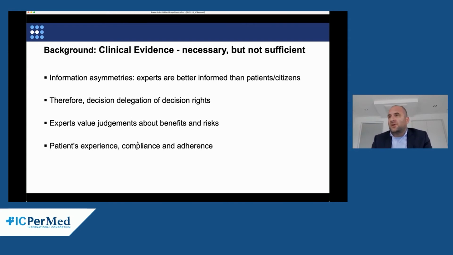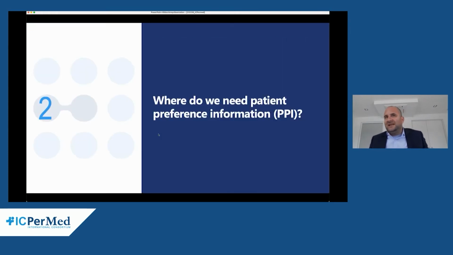And they have further impacts. They have impacts on patient experience. They do have impact on compliance, and they certainly do have impact on adherence. So where do we need this patient preference information? Is there a place? Is it just a very small part?